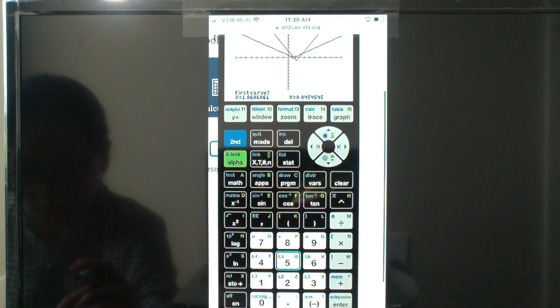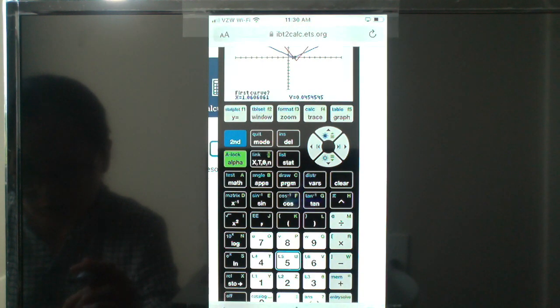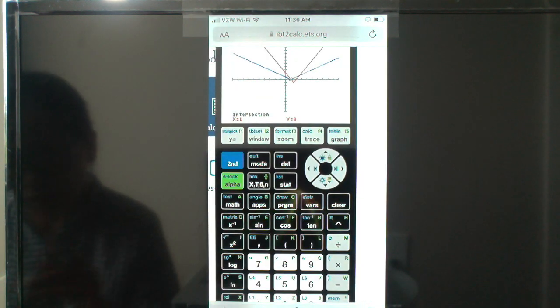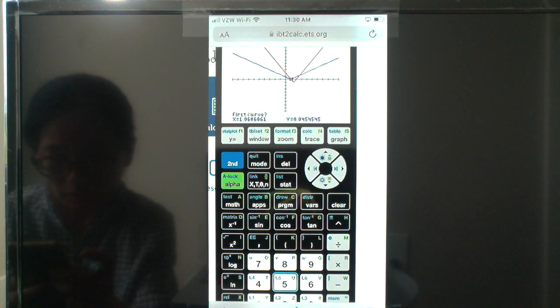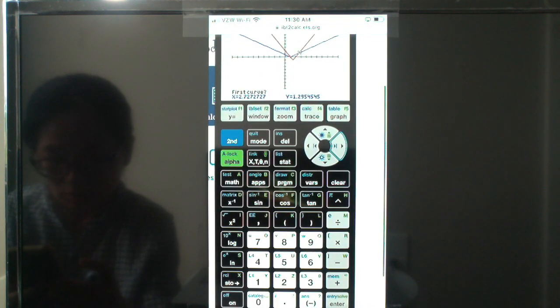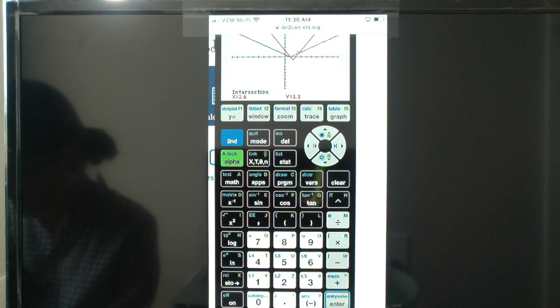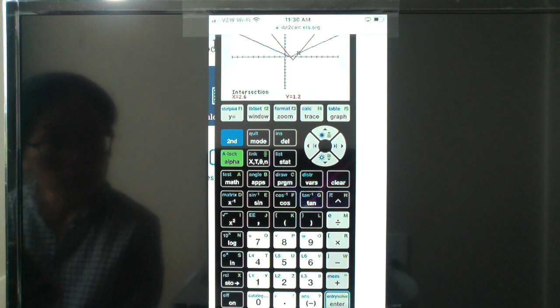Intersect is number 5. So I'll do enter, enter, enter. The second point is, yes, we already did. I forgot to move the starting to the next point. Sorry about that. I'll try again. So move. Let's do enter, enter, enter. So second point is 2.6, 1.2.